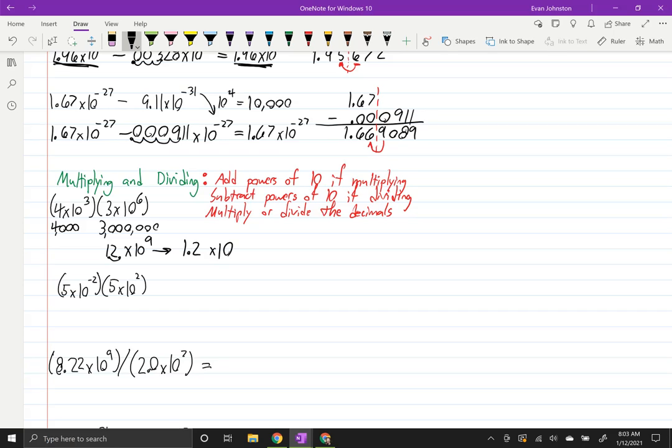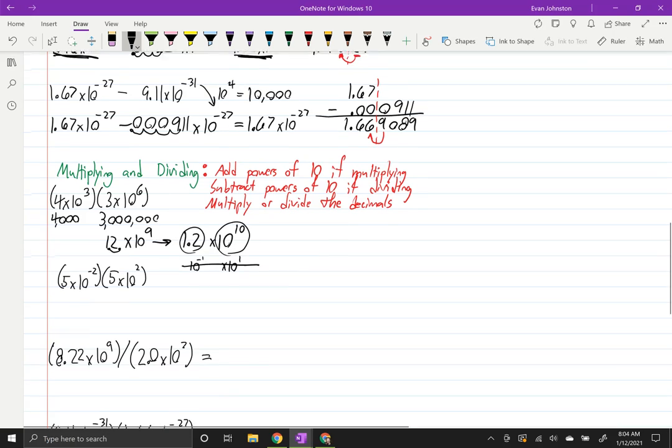So if I divided by 10 with the left side here, to go from 12 to 1.2, I need to include an extra power of 10 with my power of 10 here. So instead of 10 to the 9, it's going to be 10 to the 10, because these are the same values. We have an extra power of 10 here, but we lost a power of 10 here. And so we have really a times 10 to the negative 1 and then a times 10 to the 1, and these really just cancel each other out.